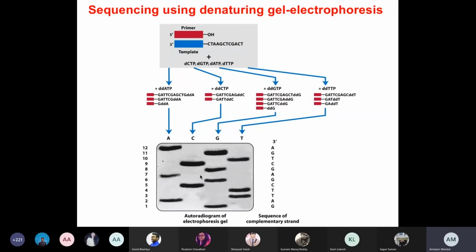So that's why people have worked to modify the overall process, keeping the basic principle the same. That is, you should still be using chain termination using ddNTPs, but in a way that everything will be automated.